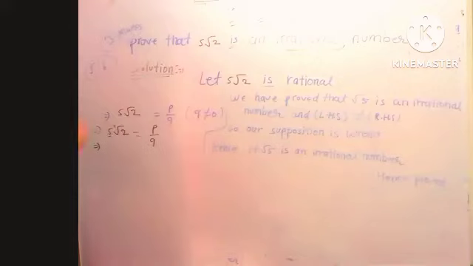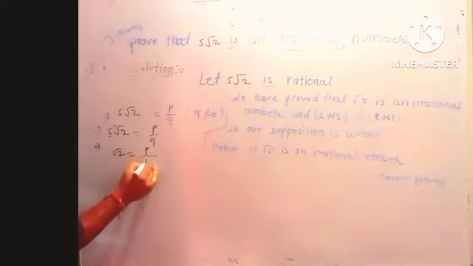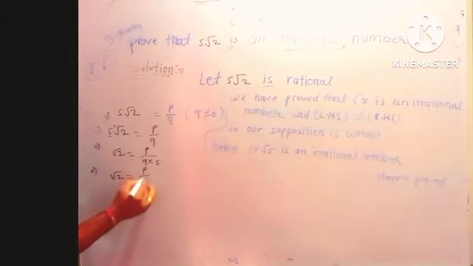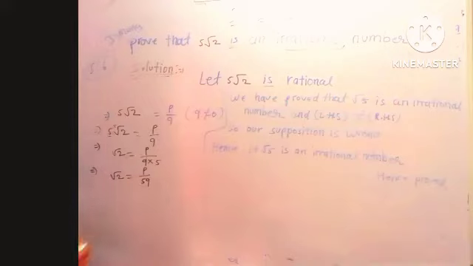So root 2 can be written as p divided by q into 5. This step is clear. Next step, root 2 is equal to p divided by 5q. Up to here is clear.